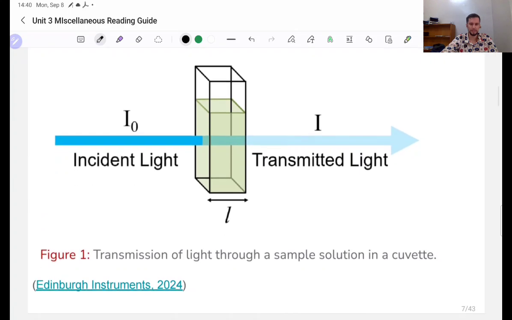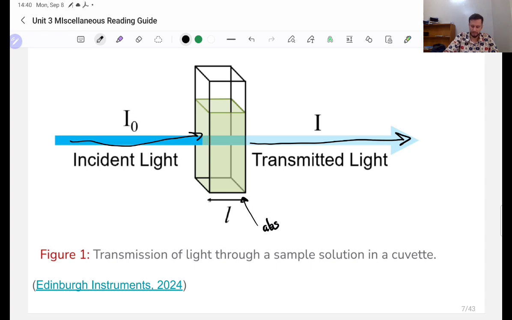So this is what it looks like. We'll use a machine to measure the absorbance of light depending on the chemical and the concentration of it. And so this is the incident light, the light shined on, and transmitted light is the amount of light that gets through. What doesn't get through is absorbed.